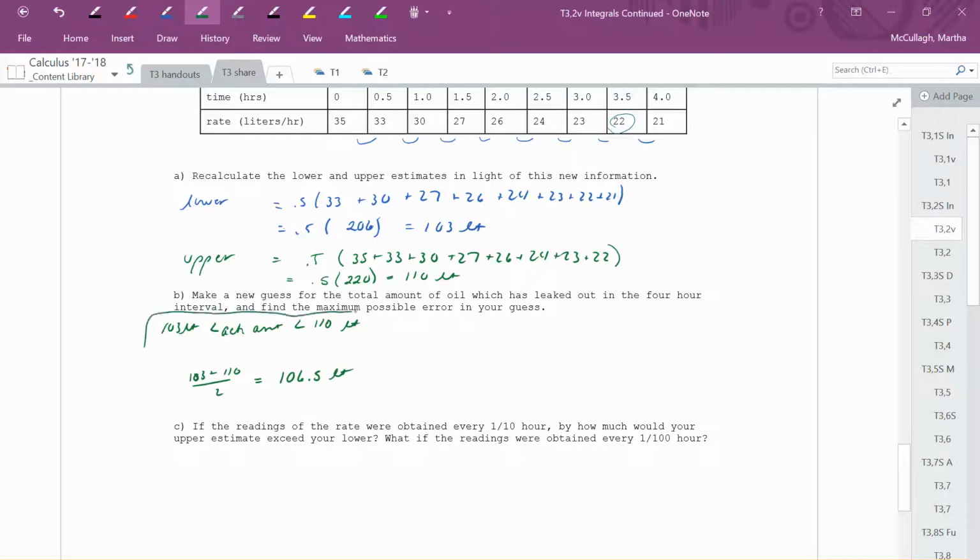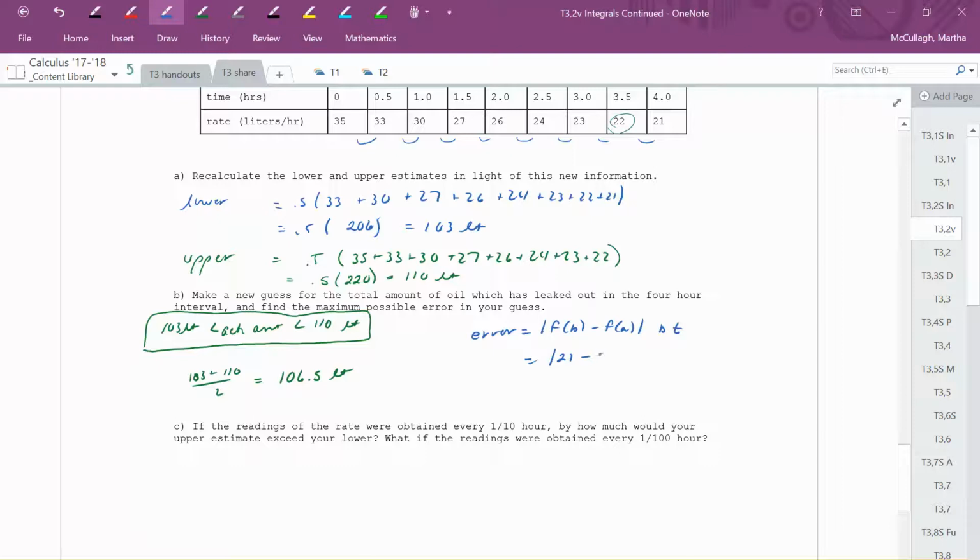This is the most accurate way to express it, to say that the actual amount is between 103 and 110, but if somebody presses you for a best guess, we would say the 106. Well, the difference between my lowest and highest is this 7 liters, going from 103 to 110. But I can also express that as my error is equal to the absolute value of F at B minus F at A, times delta T. My F at B is still 21.